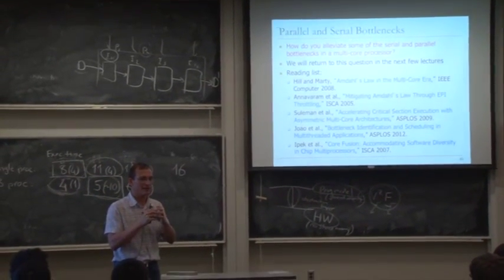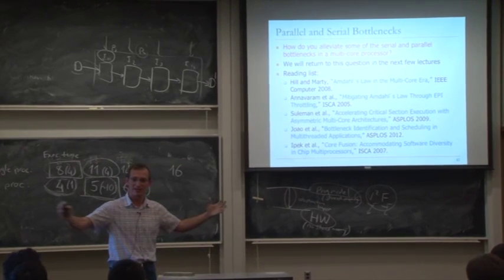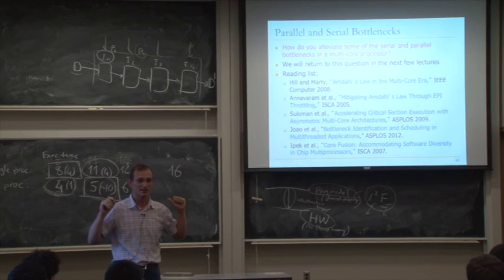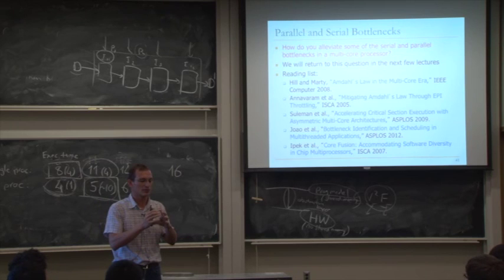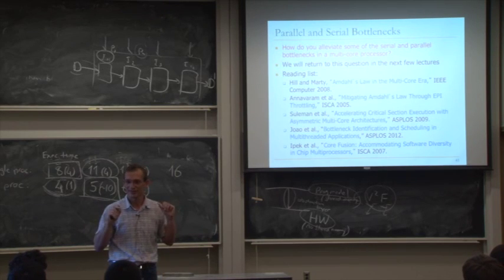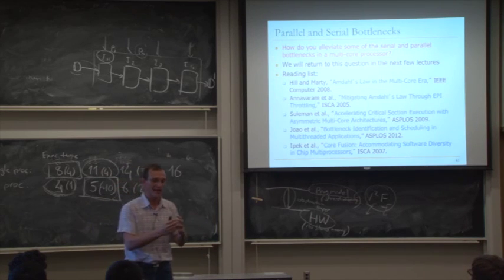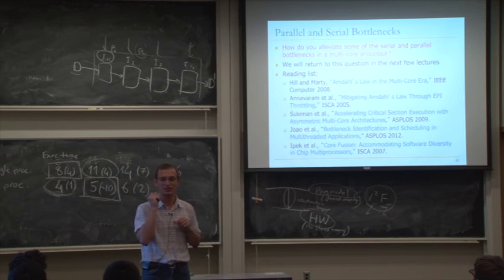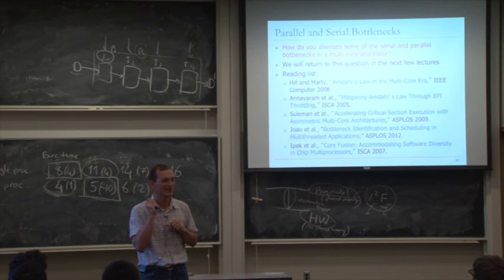And a lot of these papers talk about having different types of cores. If you have lots of parallelism in your parallel portion, you can execute your parallel portion in simple cores. But if you don't have a lot of parallelism, you really need the large cores to execute fast and get out of that serial part. If you've designed a machine that only has very simple cores and that cannot execute the serial part fast, then you have a problem.